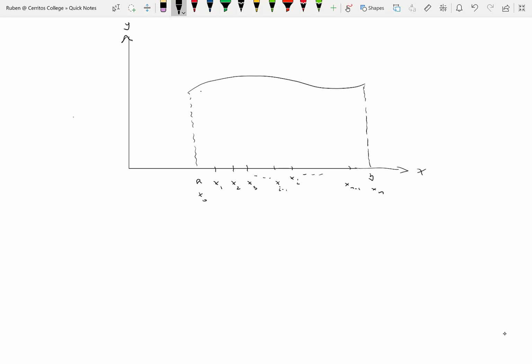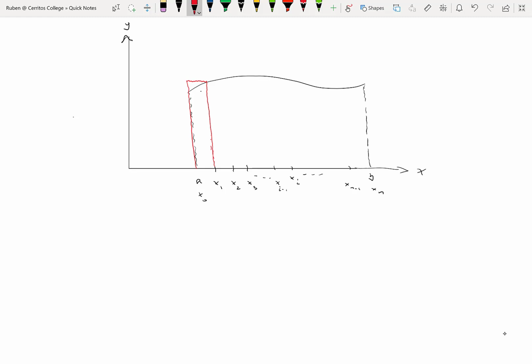So in the first subinterval, for x1 star, I'm actually going to choose x1. On the left of the first subinterval is the point a, or x sub 0, and on the right is x1. So I'm going to choose x1. Then we go up to the curve, and we use that right-hand endpoint to form a rectangle.